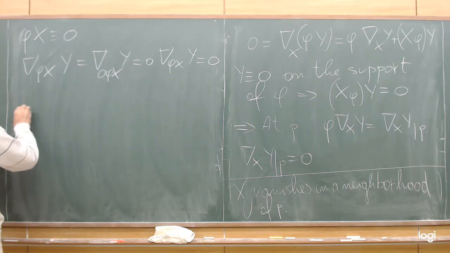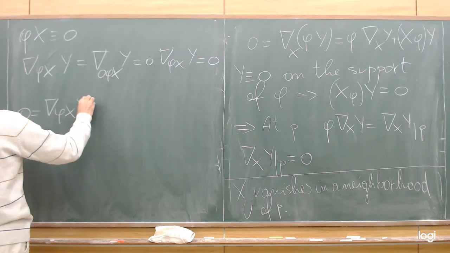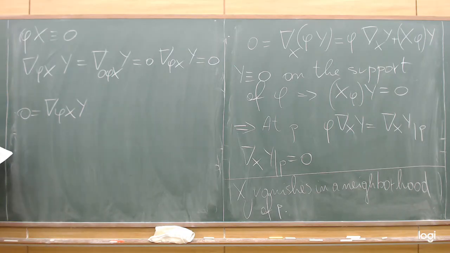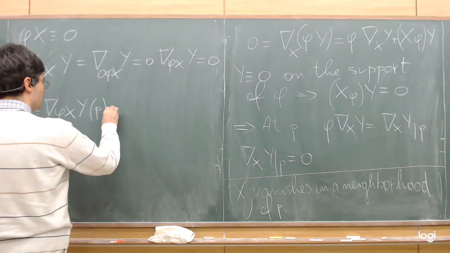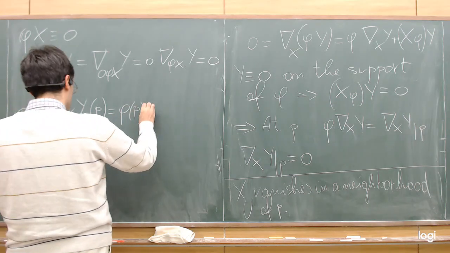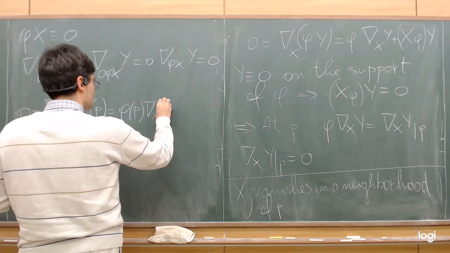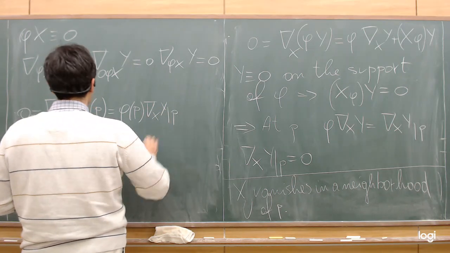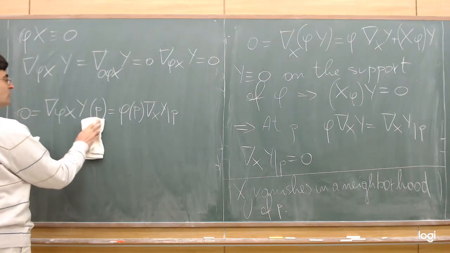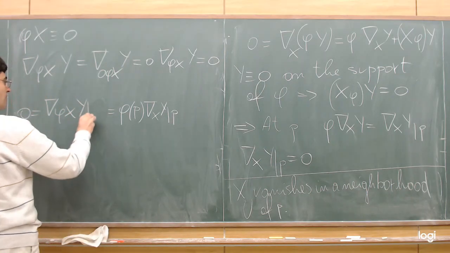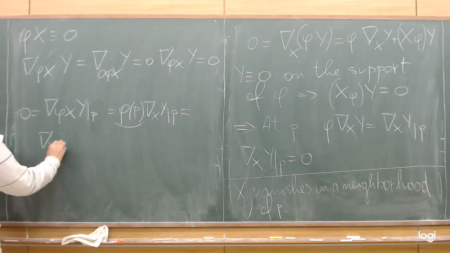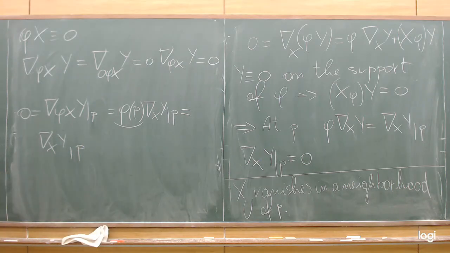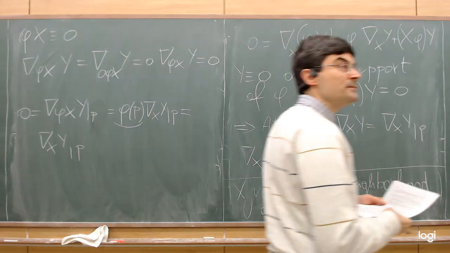So we proved that 0 is ∇_(φX) Y. Now let's evaluate this at P. This is φ(P) ∇_X Y at P. Sorry, I have to use this notation. But this is 1, so this is ∇_X Y at P. And this is the end of the proof.